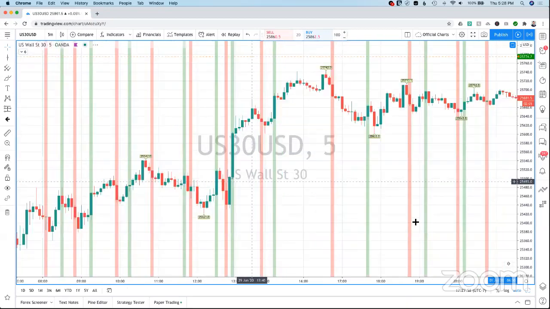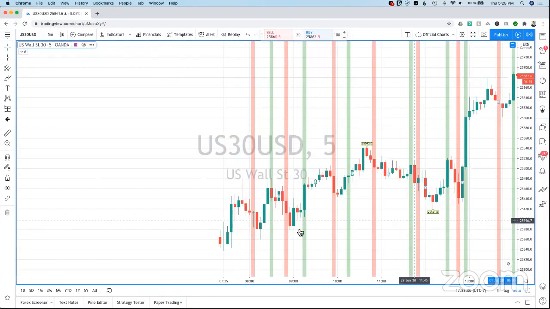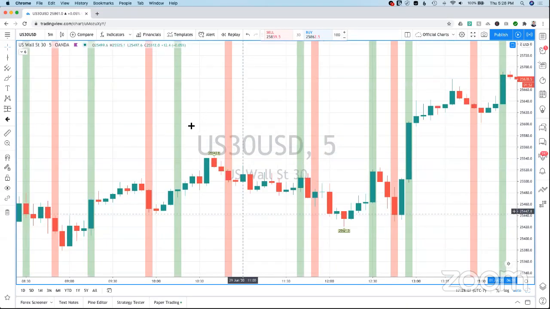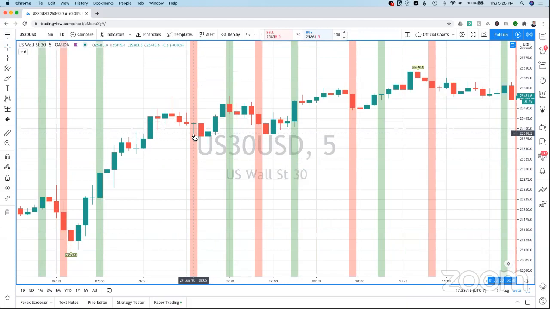Okay, so this would be an example of an invalid signal. It would be invalid if it was a sell signal with a green bullish candle. Obviously, they have to match. So this would be invalid as well because it's a sell signal with a green bullish candle. This would be invalid because it's a buy signal with a red bearish candle. This would be valid, this would be valid, this would be valid, and this would be valid.